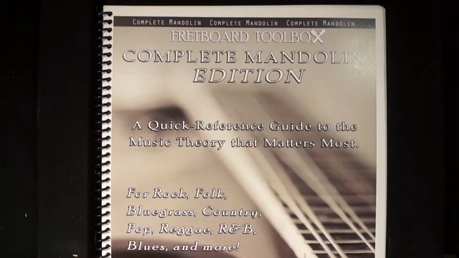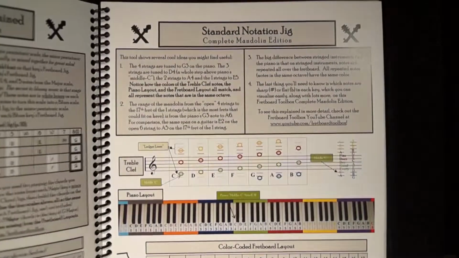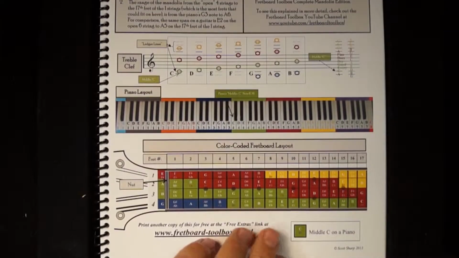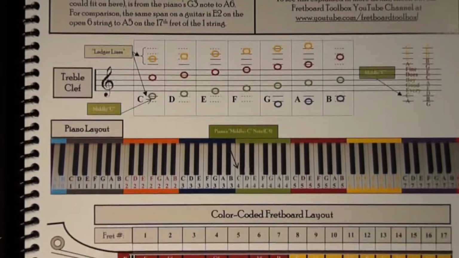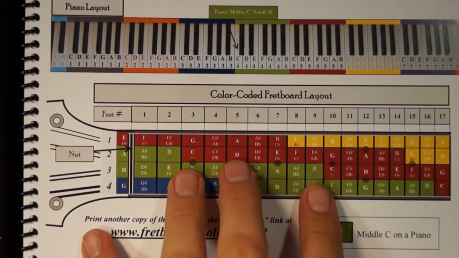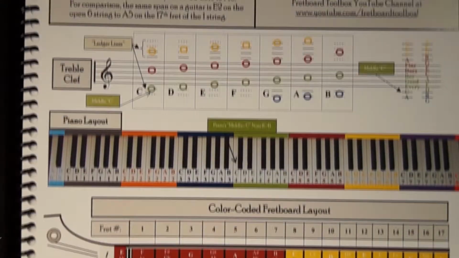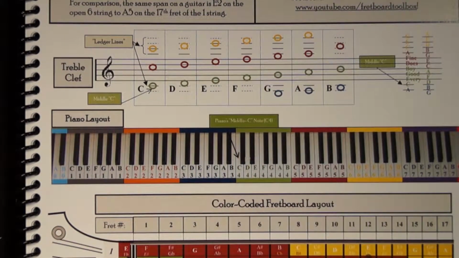If you look at a Fretboard Toolbox Complete Mandolin Edition and you turn to page 8, what you'll see is what I call the standard notation jig. This is what I made for myself to figure out how the notes of the mandolin fretboard relate to the notes of the piano, and how those notes relate to the treble clef, so I could find some piano music and get new ideas for melodies from it.